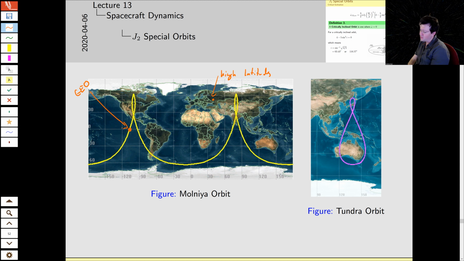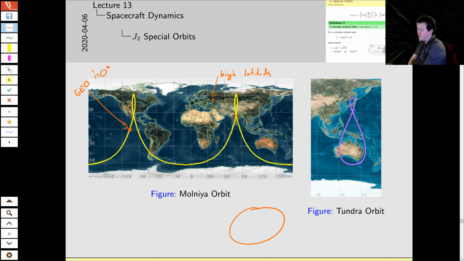but it has problems for high latitude countries for two main reasons. First of which is, of course, that if you remember our lecture on launch capabilities, GEO has I equals 0 degrees.